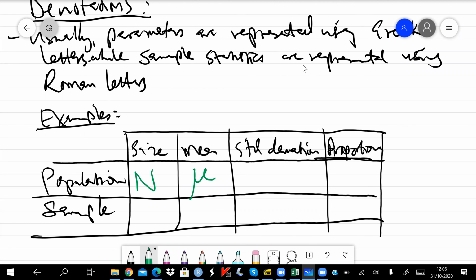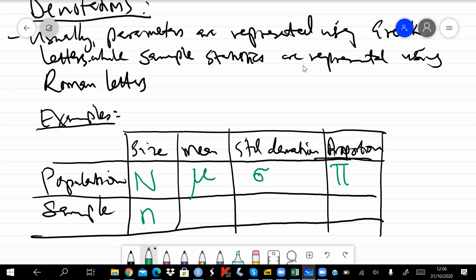The population standard deviation is denoted using the Greek letter sigma, and of course, the variance is sigma squared. And the population proportion is denoted using pi. Then sample size is denoted using small letter n. So for the population and sample size, we use letter n, Roman letters, but we use lowercase for the sample and uppercase for the population size.